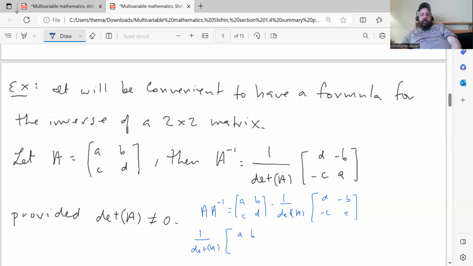So this is a, b, c, d times d, -b, -c, a, all times 1 over det A. If I multiply everything out, I get ad minus bc, cd minus cd, minus ab plus ab, and then ad minus bc.